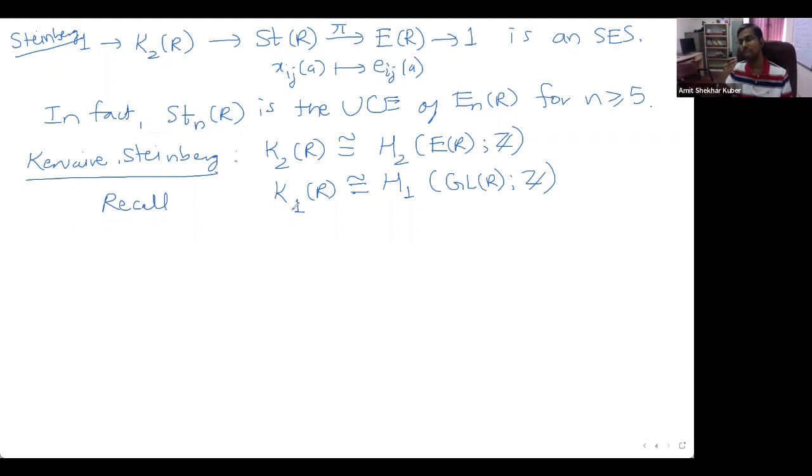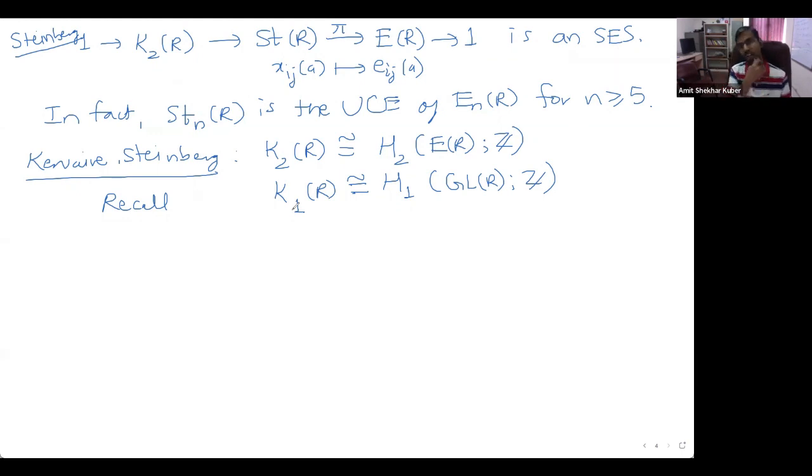So basically, all K1, K2, and so on are going to be abelian invariants of the category of projective modules.